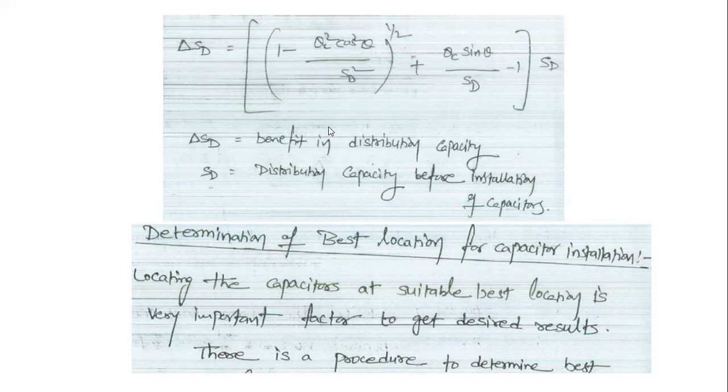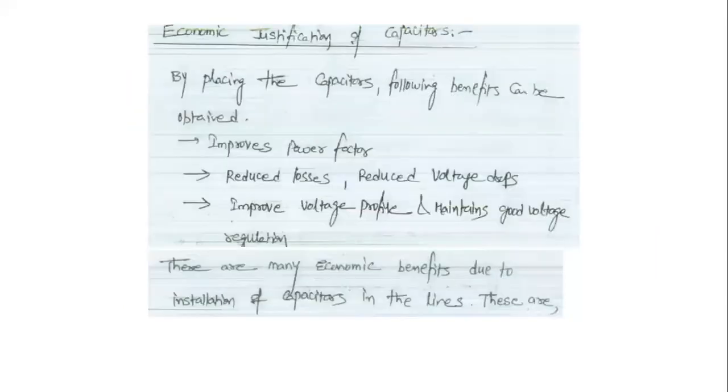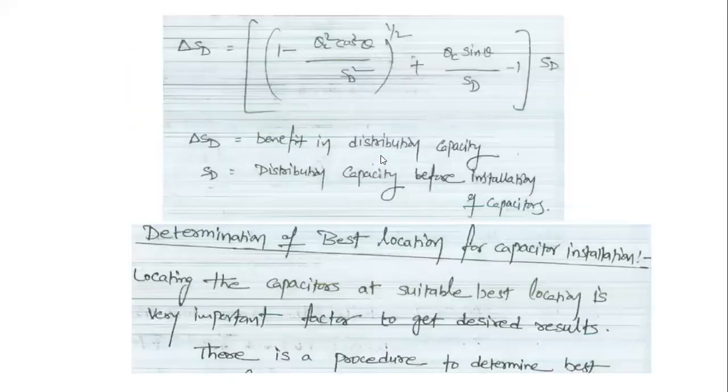SD is the distribution capacity before the installation of capacitors. These are the economic justifications for the capacitors in the distribution, transmission and generation systems.